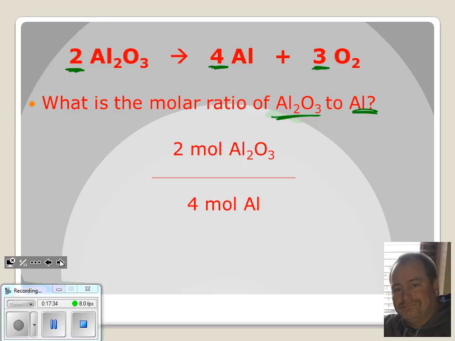So if I'm looking right here at my aluminum oxide, I come back to my balanced equation, and it says a 2. So that's where I get my 2 moles. For aluminum then, here's my aluminum. What is my coefficient for aluminum? 4. 4 moles. So we're not multiplying anything together here yet. We're just looking at coefficients.